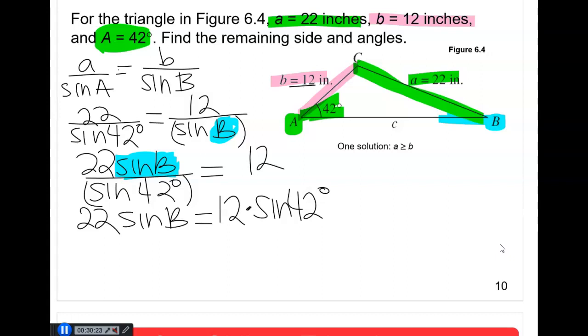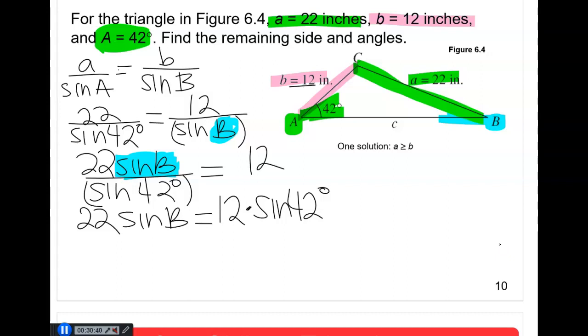And remember, we cannot multiply 12 and 42 because it doesn't make sense, but also they're not the same units. 12 is in inches, 42 is degrees, and 42 does not go away from sine yet. And what else do we have? Okay, so yes, we have that.